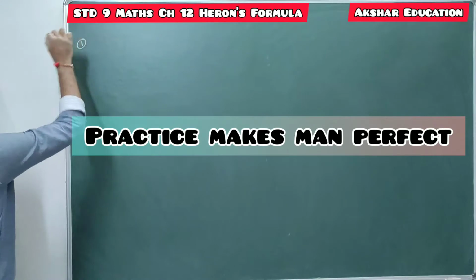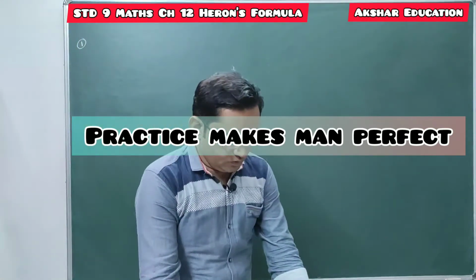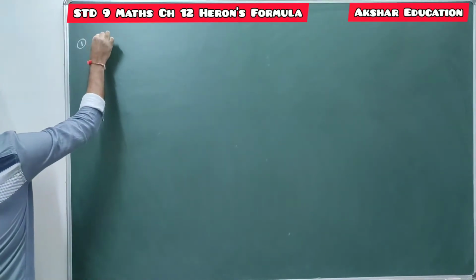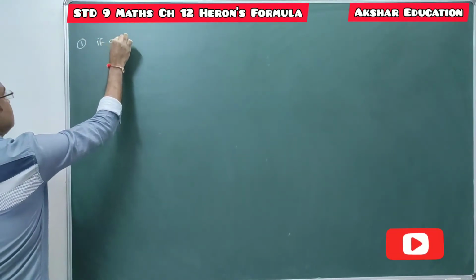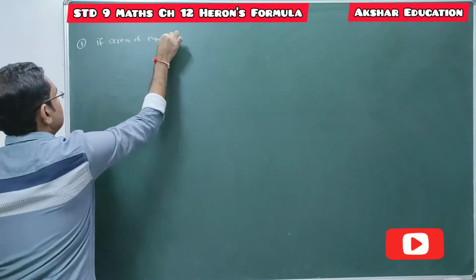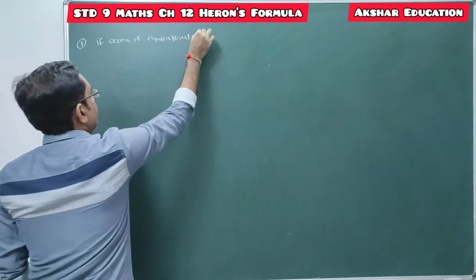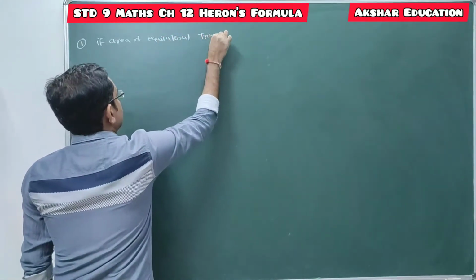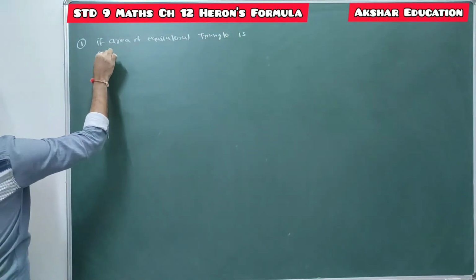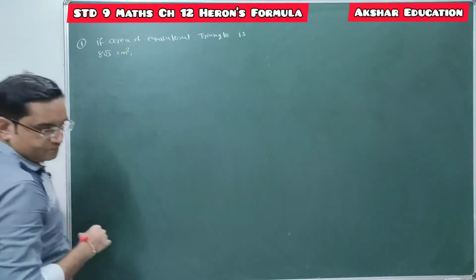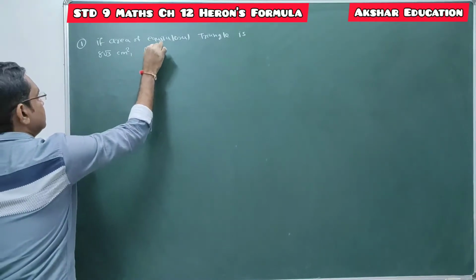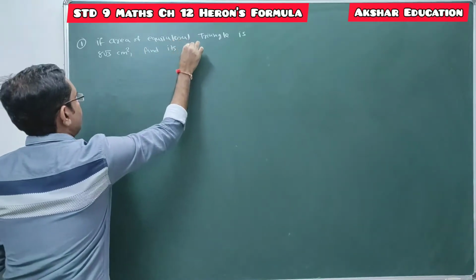First question: if the area of an equilateral triangle is 8 root 3 centimeter square, find its perimeter.